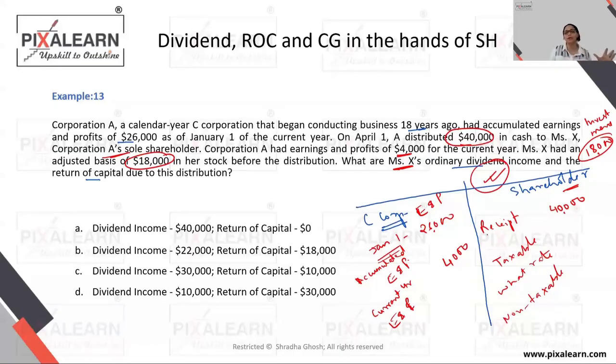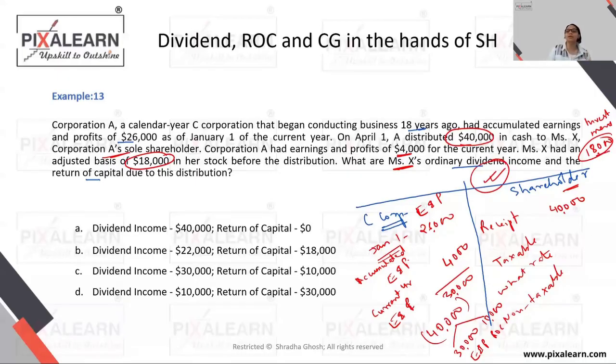So now I have full data available. The company paid me 40, and out of this 40, 30 came from earnings and profits, past and present, and 10 ideally would have been return of capital. I am the sole investor in this company.